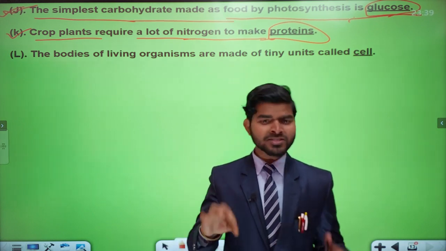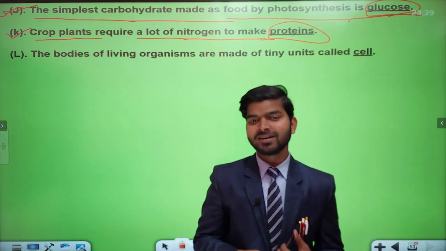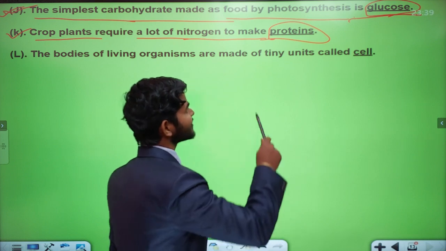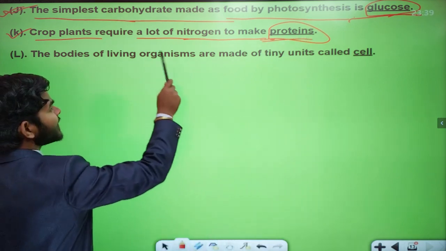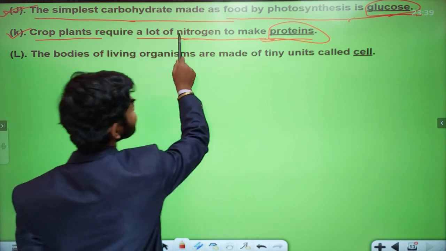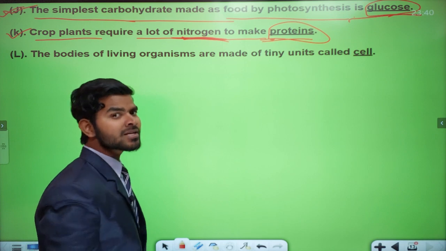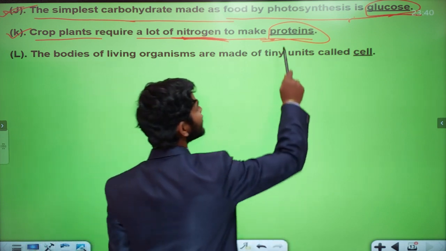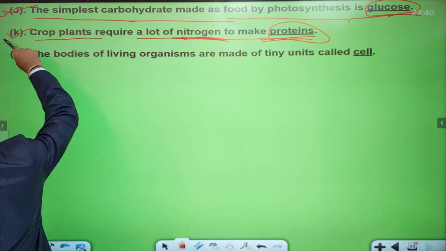For growth. We also need proteins for growth, for our survival, for our muscle building, obviously yes. So that's why protein is required by the plants for growth. Nitrogen is taken by plants in order to make proteins. All right, all clear. So K is completed.